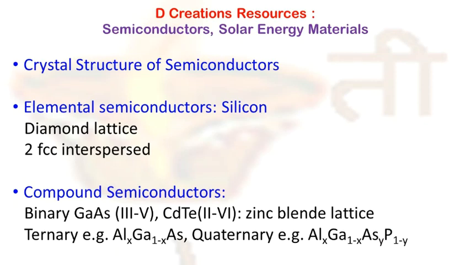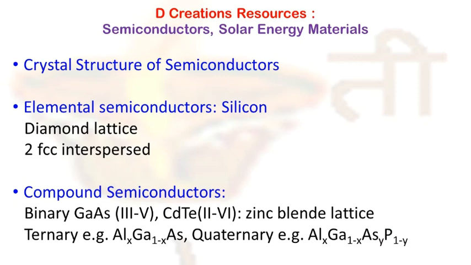Of course, if aluminium had replaced gallium completely, it would have been AlAs, a binary compound. But where it's not replacing it completely, we write it as AlxGa1-xAs. So x can vary from 0 to 1. For example, it could be Al0.4Ga0.6As.